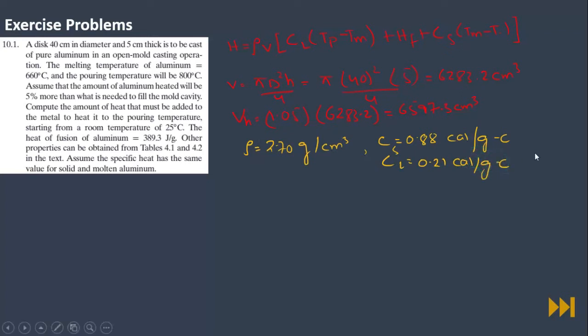So you can directly put the values in this formula. We have H equals density into the volume that is to be heated.